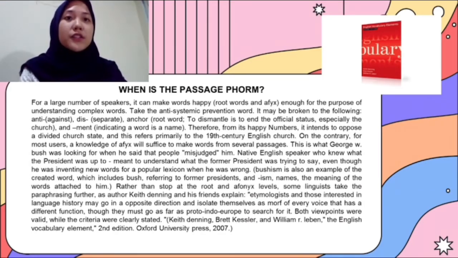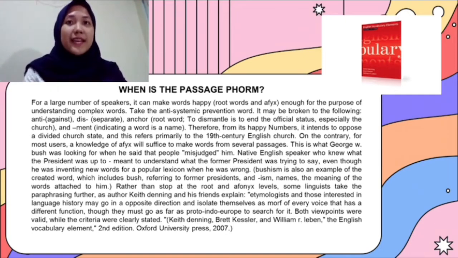For a large number of speakers, it is enough to know the meanings of words, root words, and affixes for the purpose of understanding complex words. Take the word antidisestablishmentarianism. It might be broken down as follows.